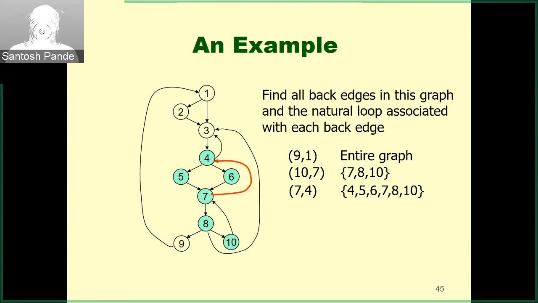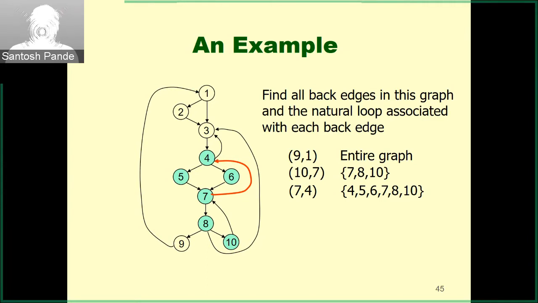So it is picking up some loops which are now getting generated as a part of the other loops here. So you can see that the 7, 4 loop kind of subsumes the 10, 7 loop here. And so you can think of that as an inner loop of 7, 4, which is formed in the control sense, and that is actually true.